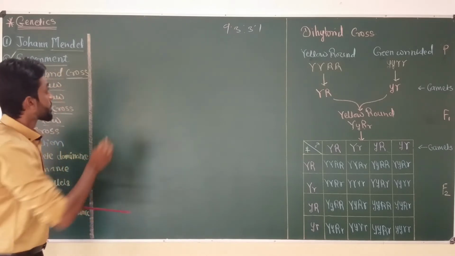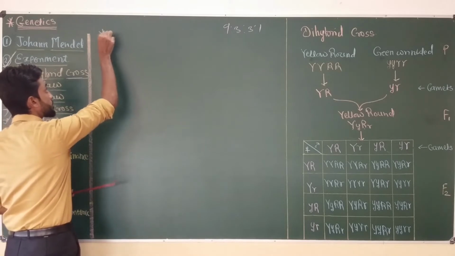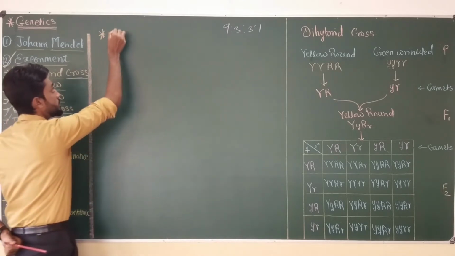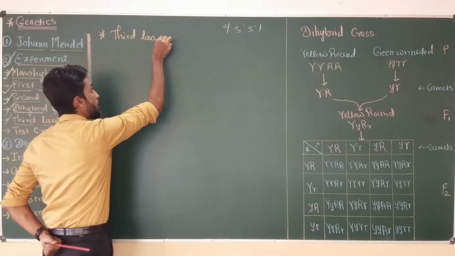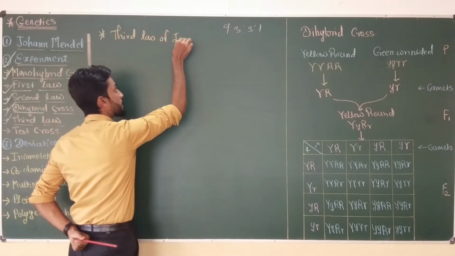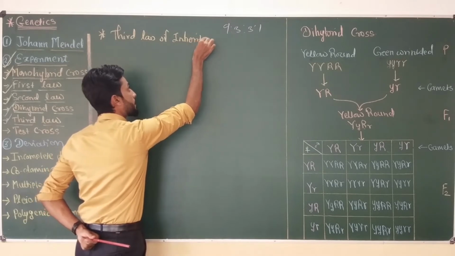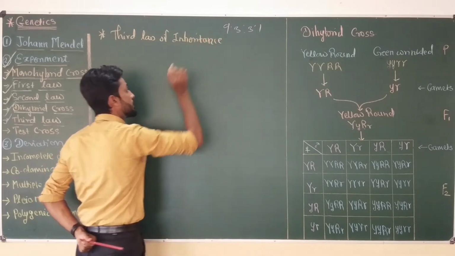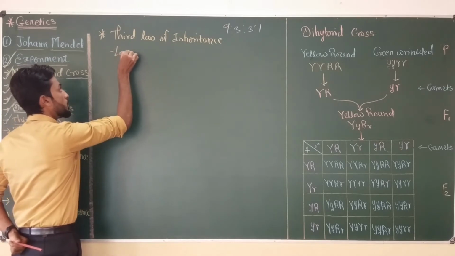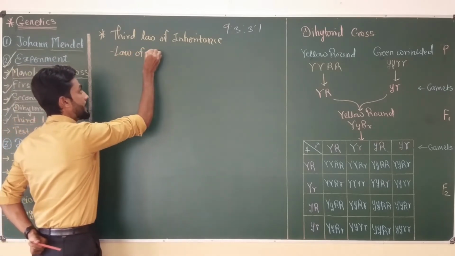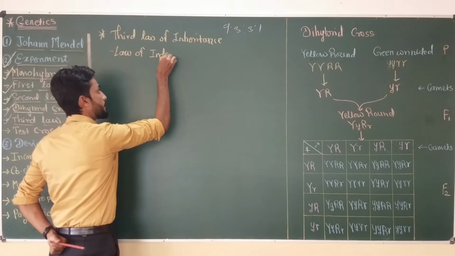Okay, so in today's lecture, I am going to talk about the third law of inheritance. This law is also called the law of independent assortment.